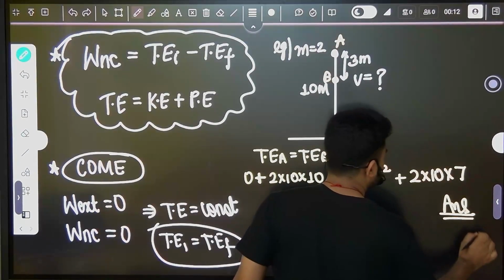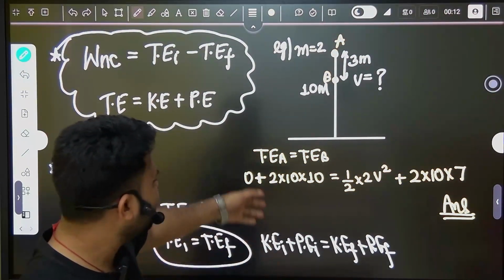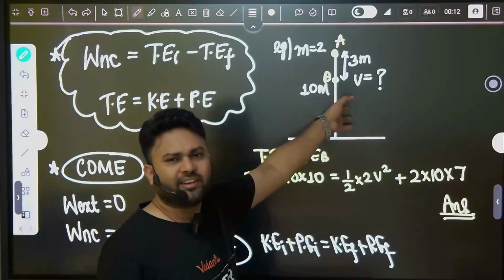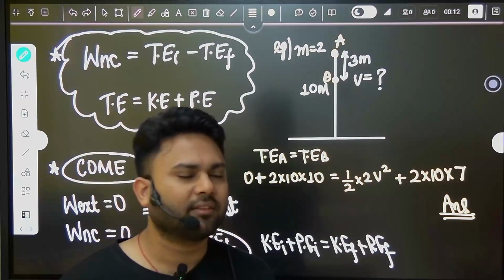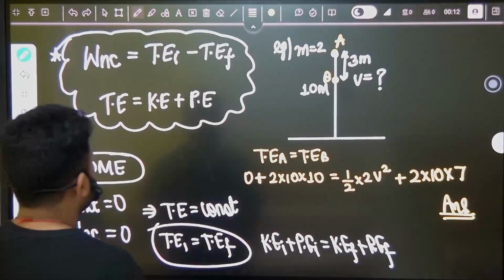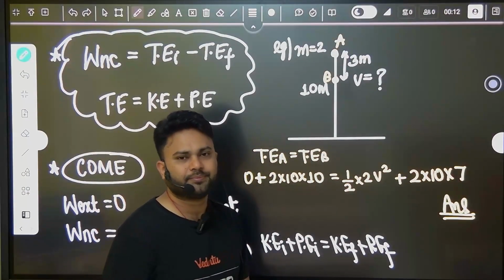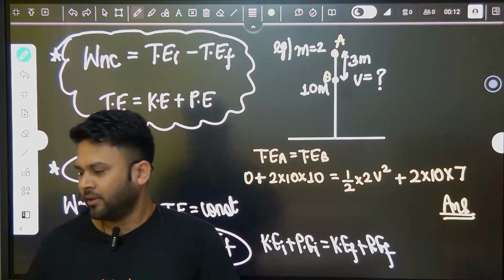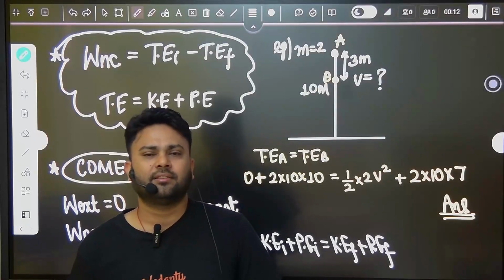Okay, so by this method you are going to solve this. They can ask anything: kinetic energy at this point, potential energy at this point, what is the speed at that point. Correct, so this is also very, very important. Hope you are understanding things.